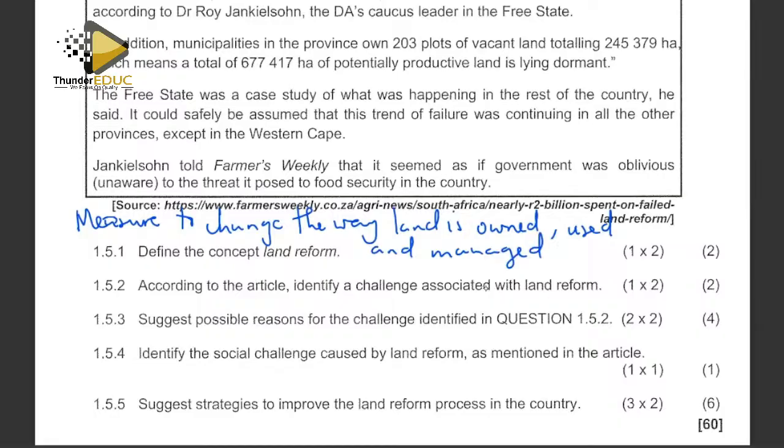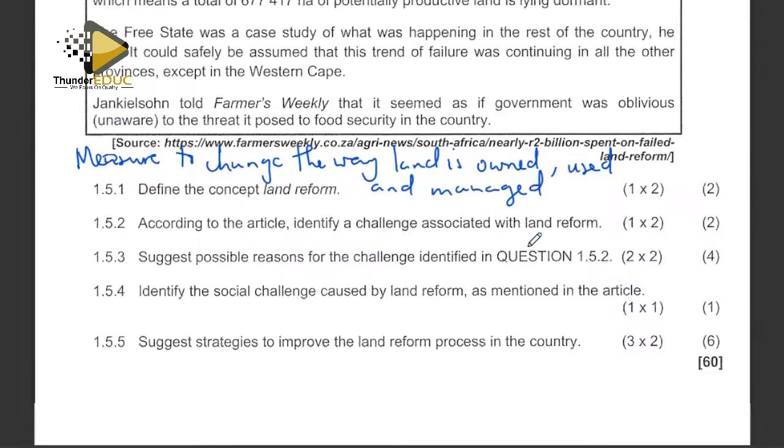Land reform is a composite concept which entails other sub-concepts like land restitution, land redistribution, and land tenure. So we are trying to find ways of changing the land ownership policy. When we're looking at a reform, we are introducing some changes to land ownership and also to usage of land and the management of land. That's basically our land reform.